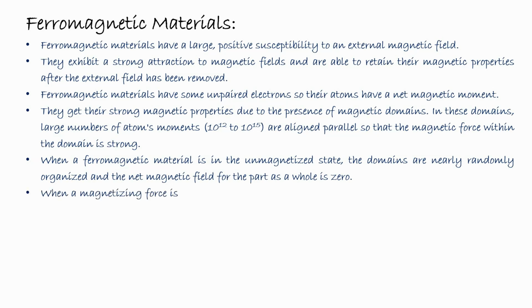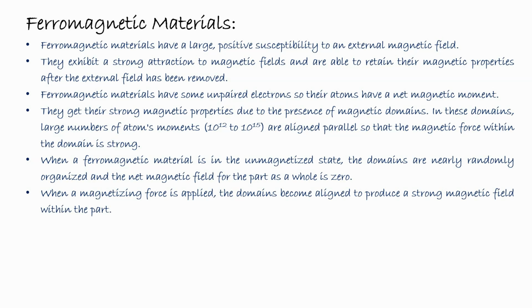But when a magnetizing force is applied, the domains become aligned and produce a strong magnetic field within the part. That means because of the external magnetic field, the domains of the material can be easily aligned in a particular order so that they produce a very strong magnetic field.